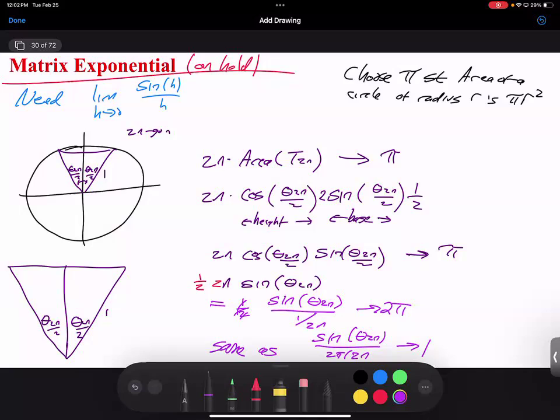So if we define the angular measurement to be 2 pi, we now have our limit equals 1.